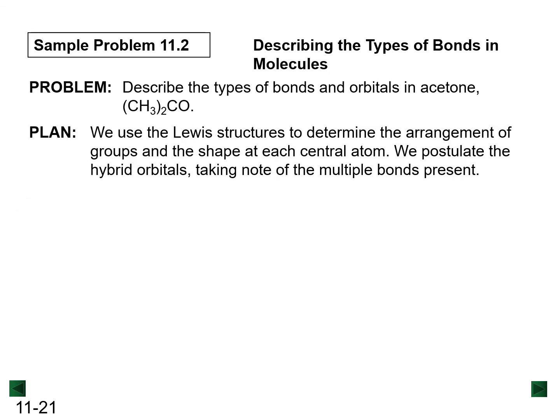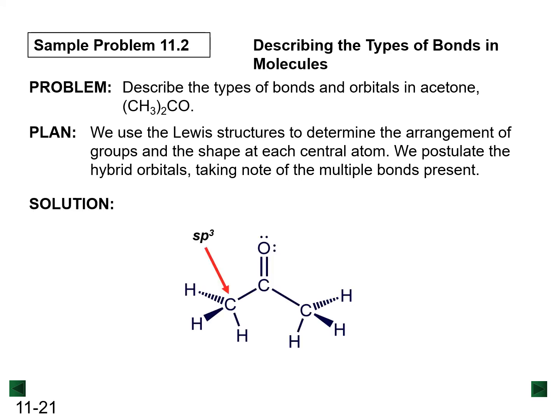Okay, here is an example of a question describing the types of bond in molecules. For example, here you need to draw the Lewis structure and determine the electron group arrangement for each center atom. Here the electron group arrangement is tetrahedral, so the hybrid orbital is sp3, and this is trigonal planar, so it is sp2, and O here is trigonal planar, so it is sp2, and here the electron group arrangement for the center atom is tetrahedral, so the hybrid orbital involved is sp3.